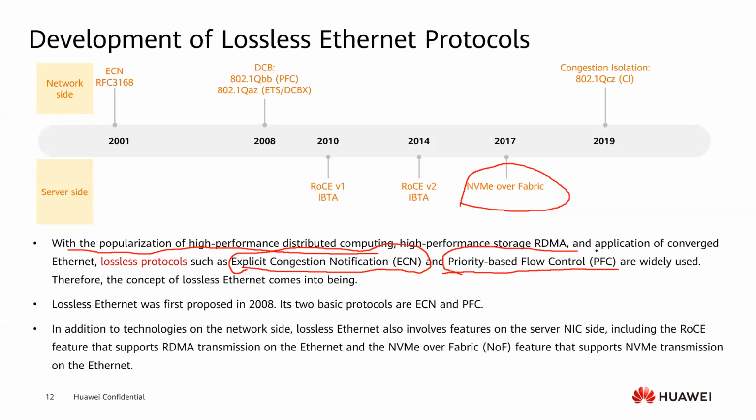You must know the full names of ECN and PFC. ECN is explicit congestion notification and PFC is priority-based flow control. You must remember these full names.